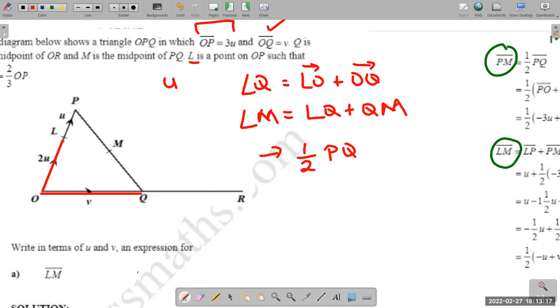Everybody understand how we get from L to Q? Because those are actually vectors, which is what we did here. So let's write out a formula for that. What would be the formula from L to Q in terms of U and V? So LQ using this would be negative 2U plus V.